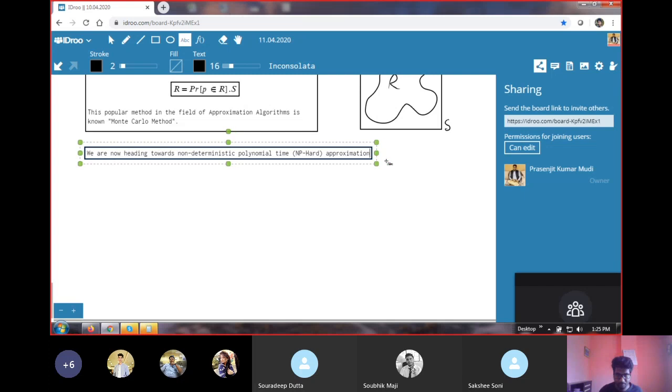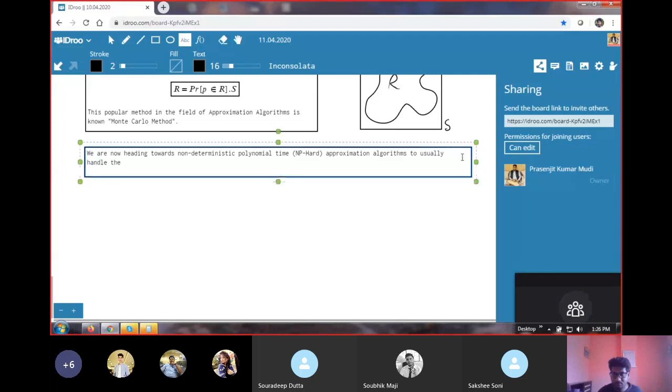Earlier, we didn't have polynomial time algorithms for problems which are NP hard. This is our next thing to move on: to tackle NP hard optimization problems.